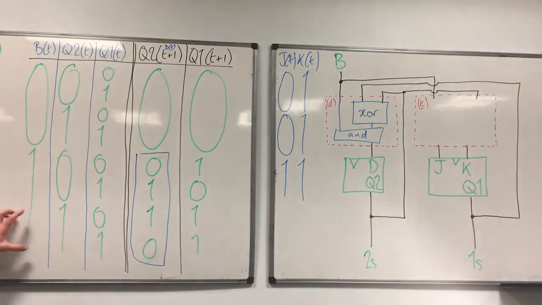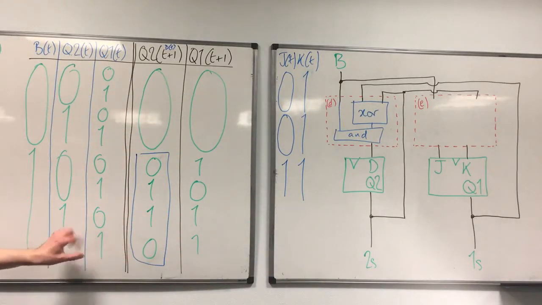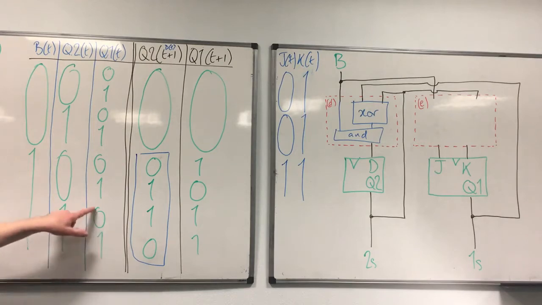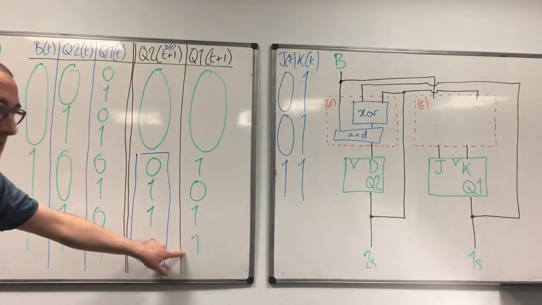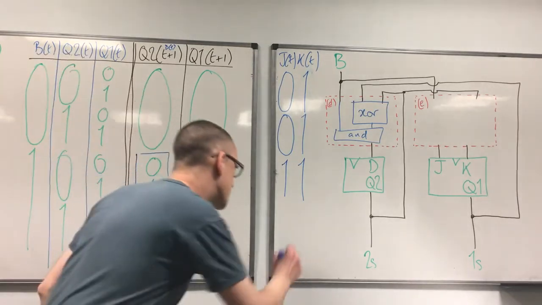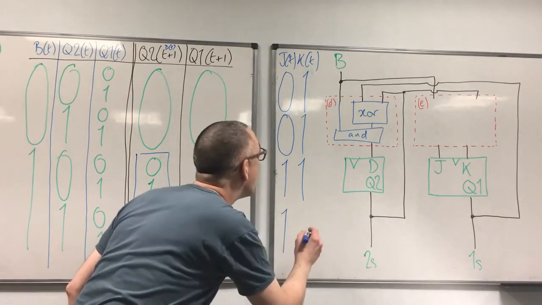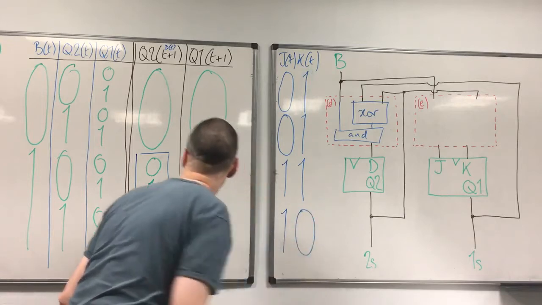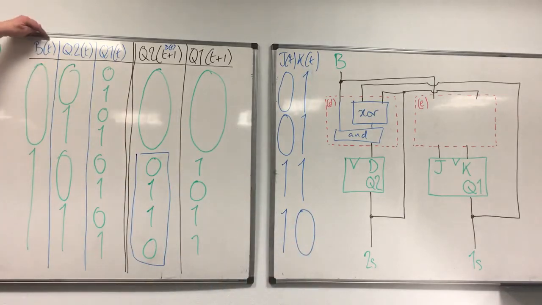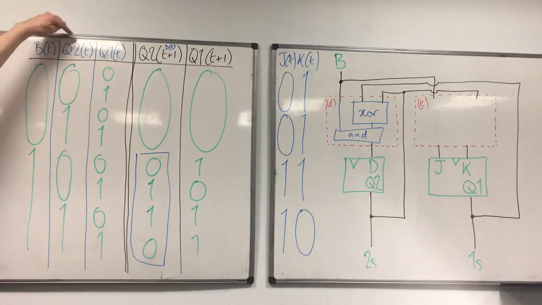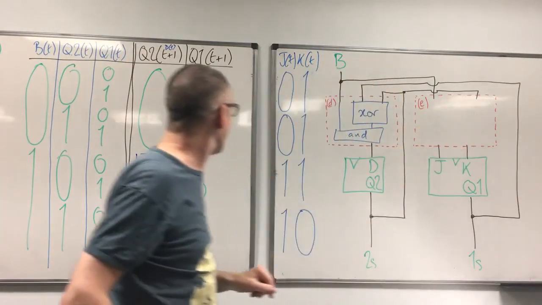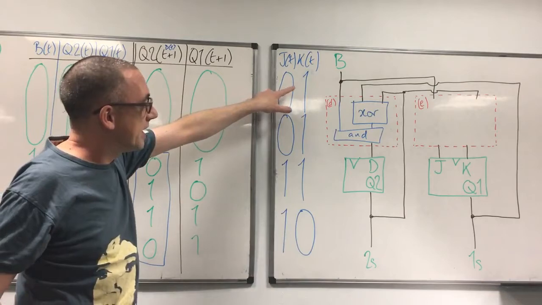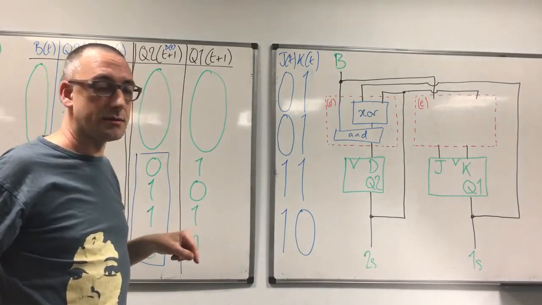And finally, in the bottom two lines of this truth table, we can see that whatever Q1 was, we want it to end up setting the JK flip-flop. So J should be 1 and K should be 0. So now we can see how, given the B signal and the Q2 signal, and that's what we've got to work with, we know how to set the J signal and the K signal.